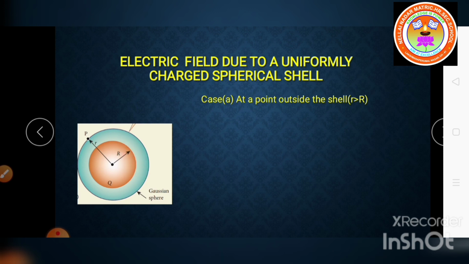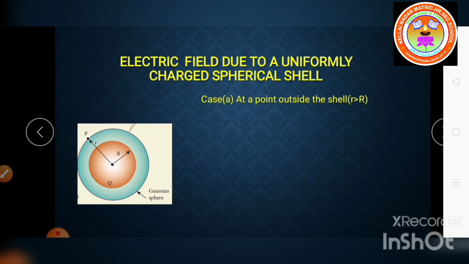We all know that when Q is greater than 0, the direction of the electric field is outward. When Q is less than 0, the direction of the electric field is inward. Now, with respect to the point P, I am going to consider one Gaussian surface, that is an imaginary spherical surface.